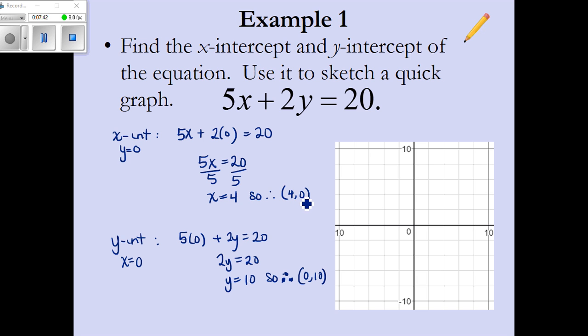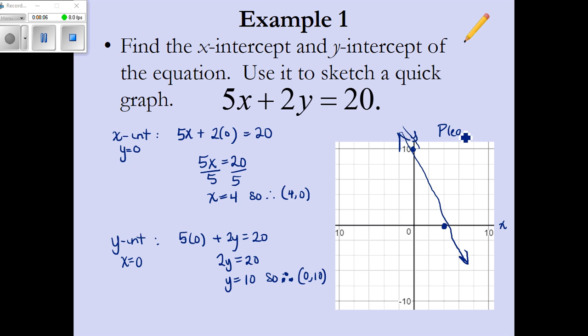So you would go to 4, 0 on the x-intercept, and you'd go to 0, 10, that's the y. You'd plot a point, and you'd make a quick sketch of these 2 points. You'd make a straight line.